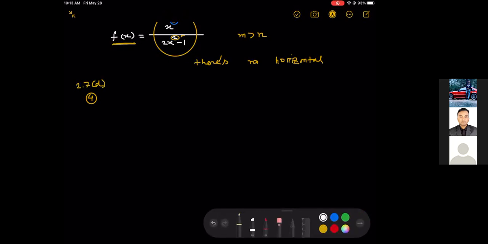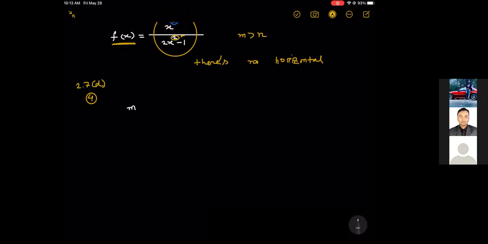Okay, so it says when m is exactly 1 more than n, then we say that f has a slant asymptote.